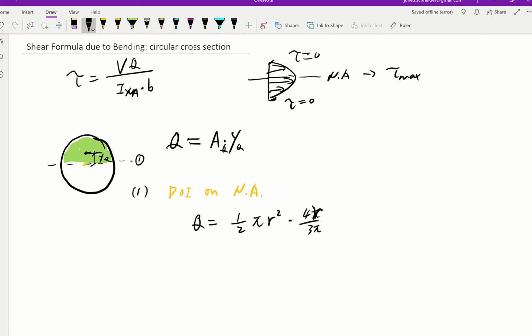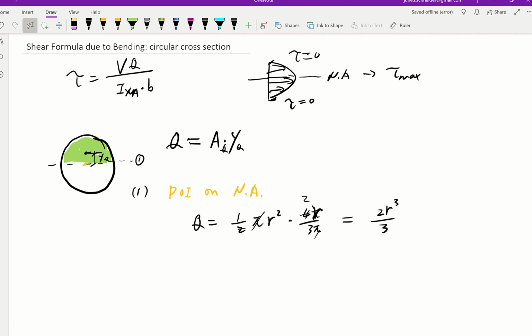If we put them together, what's going to be my Q? Pi and pi cancel out, and 2 and 4 simplify, so I get 2r cubed over 3. That's going to be my moment of area for this semicircle.